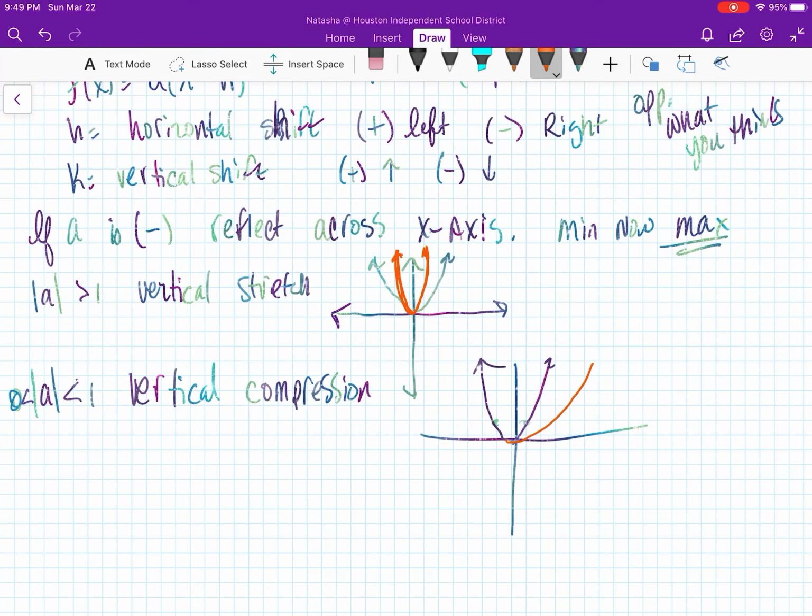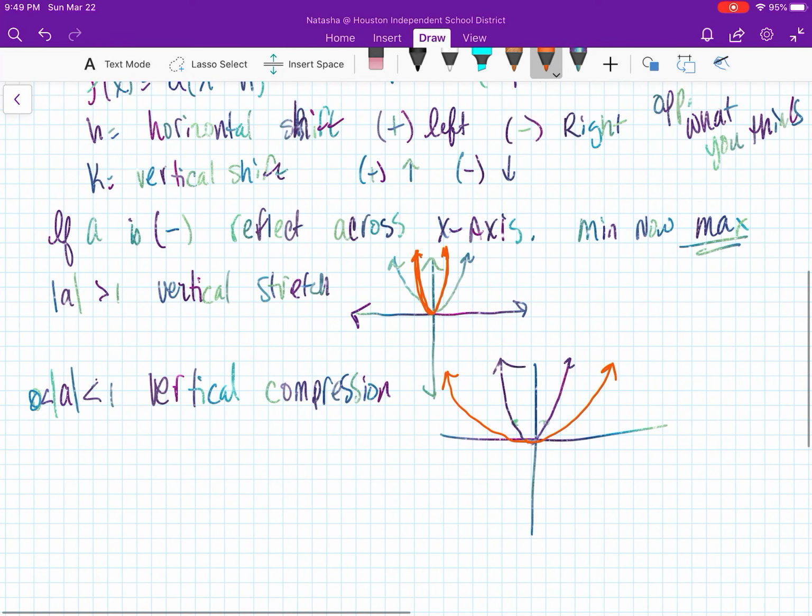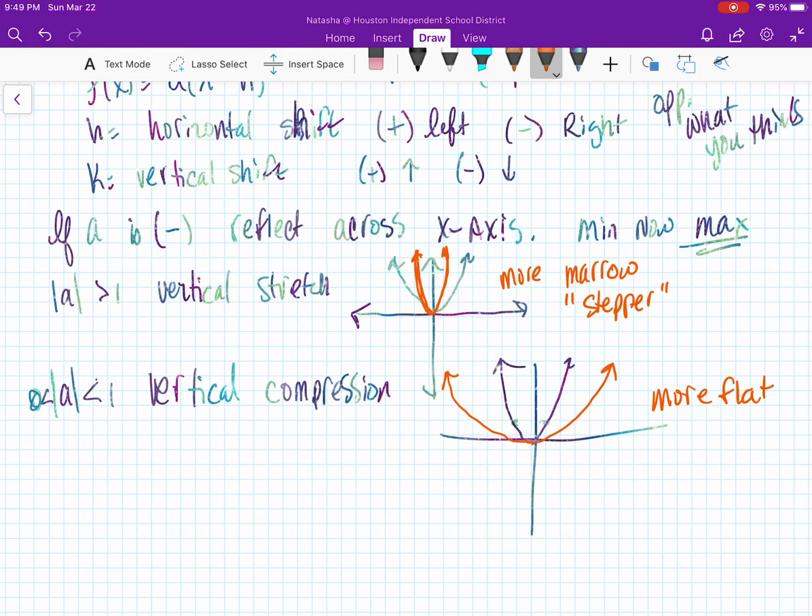It's going to get wider depending on how small a is, and it's going to look like it's getting more flat. This one is going to get more narrow, and this is going to get more flat. You can also think of the words as steeper, less steep.